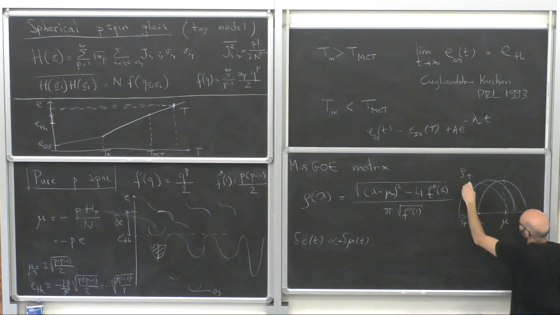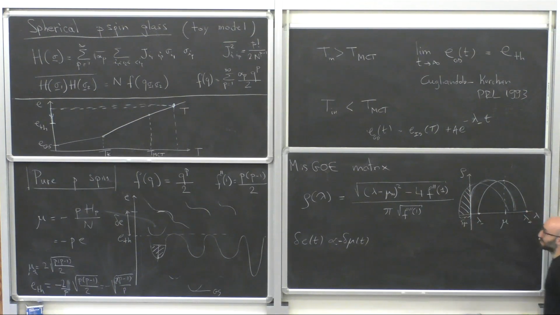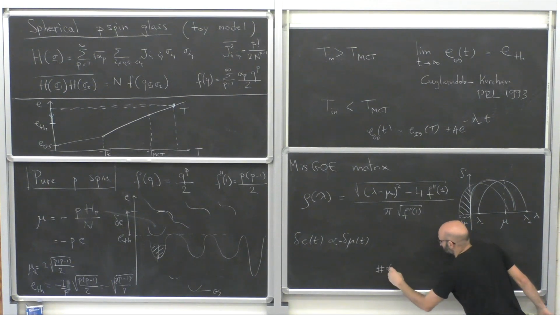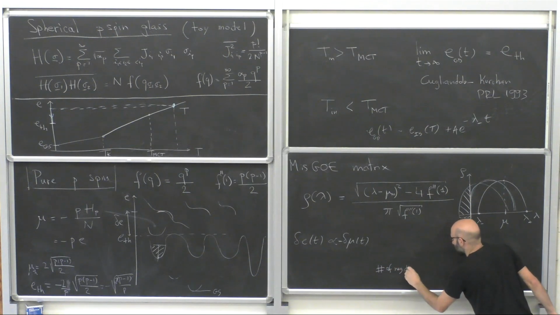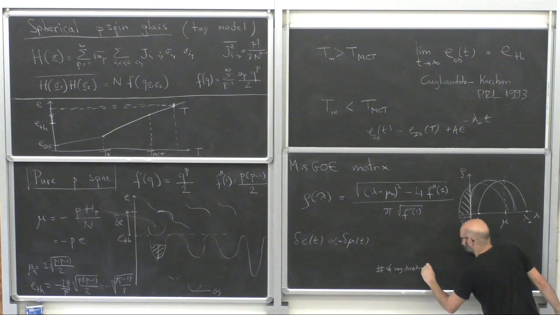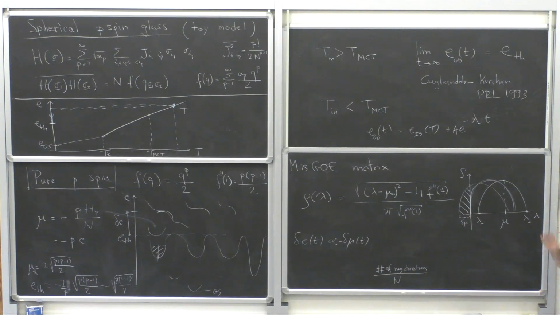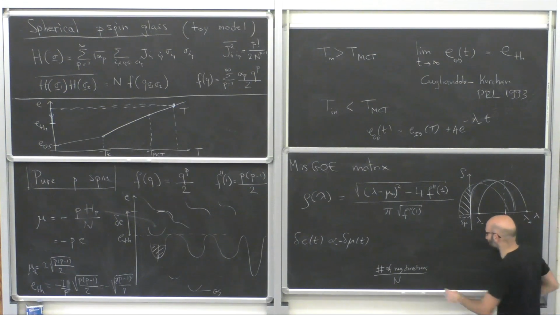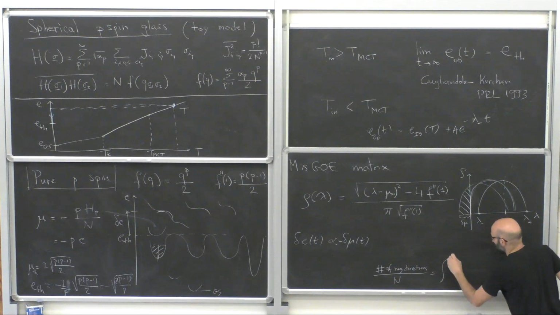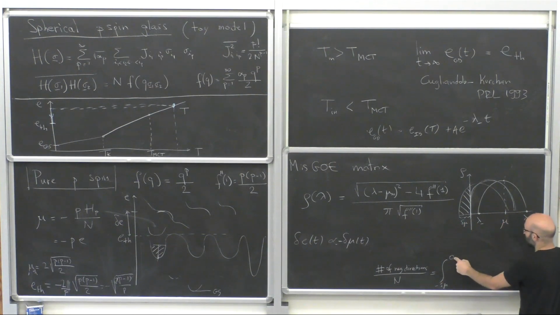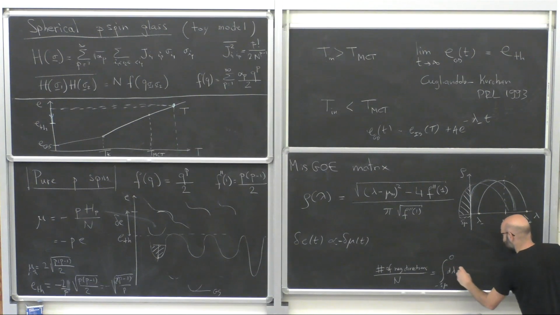This means that you have a fraction of negative directions. I have N eigenvalues, and the number of negative eigenvalues divided by N is the integral between minus delta mu and 0 of d lambda rho of lambda.